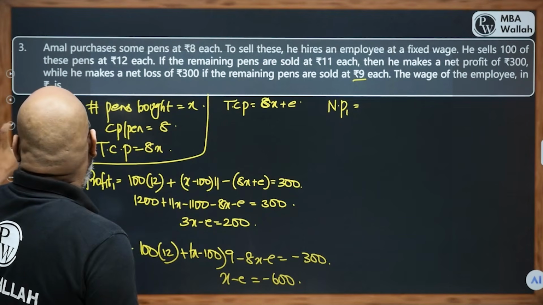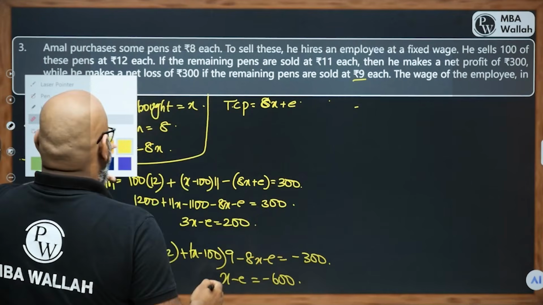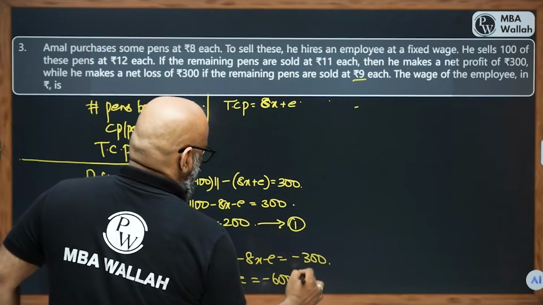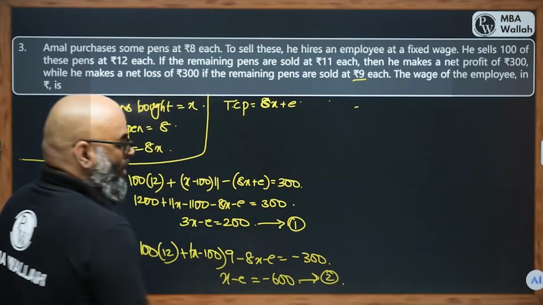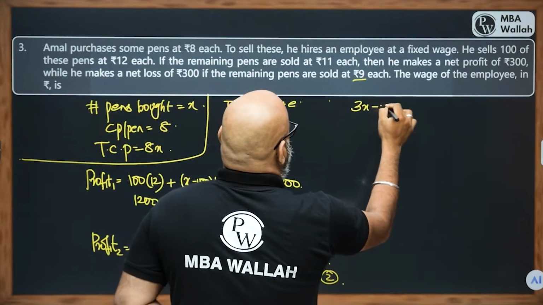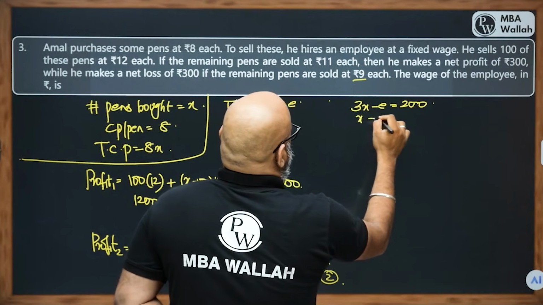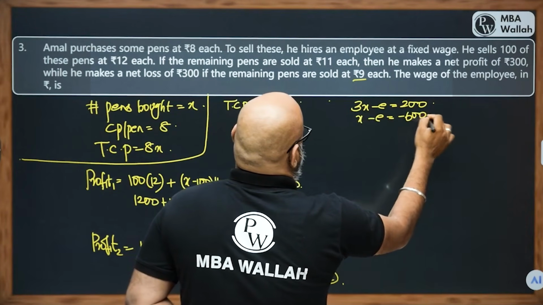So we'll solve for these two equations now. You get 3x minus E is equal to 200, and x minus E is equal to minus 600.